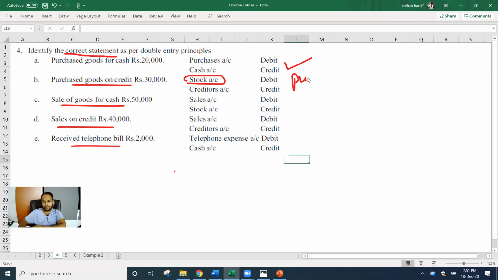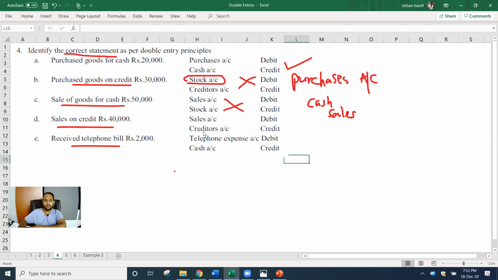Purchases account only debit, not the stock account. So the second one is wrong. Third one, sale of goods for cash. The double entry should be cash account debit, sales account credit. So C is also wrong.